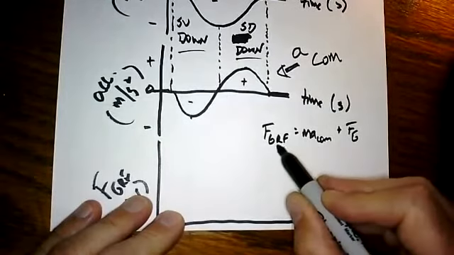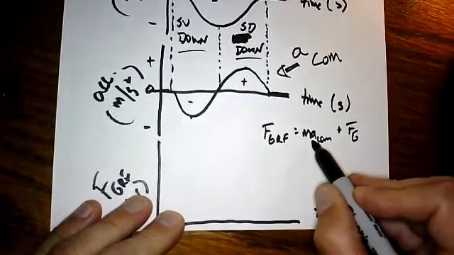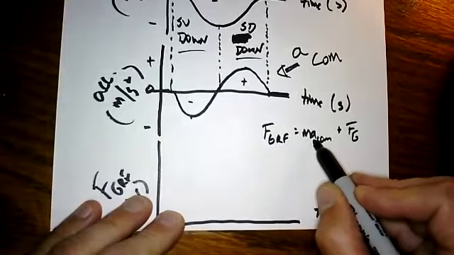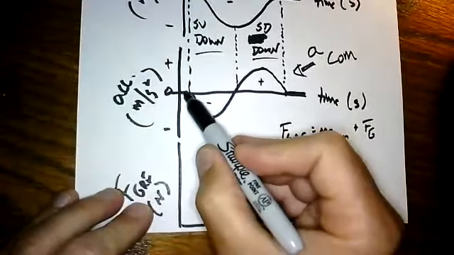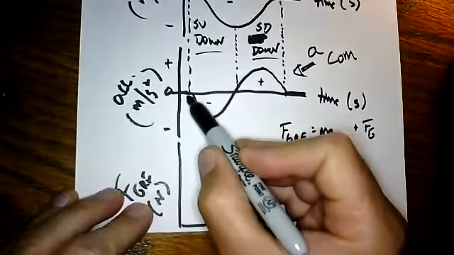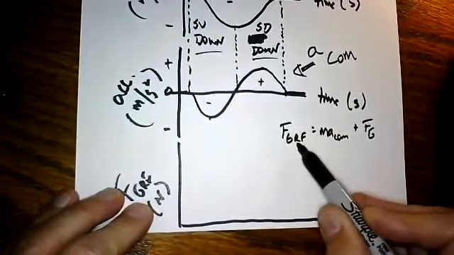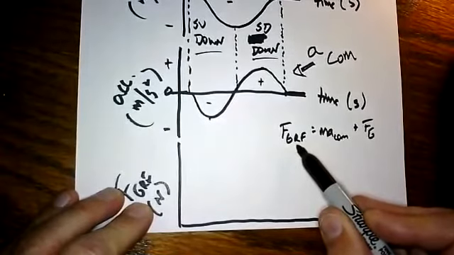Look at what I can do. I can figure out what my ground reaction force is going to look like if I know my acceleration. And what I will do is I'll take every acceleration point along here, put it into this equation, and then calculate my ground reaction force.